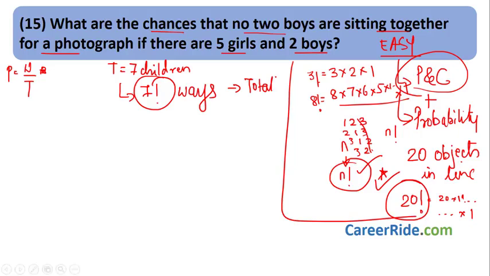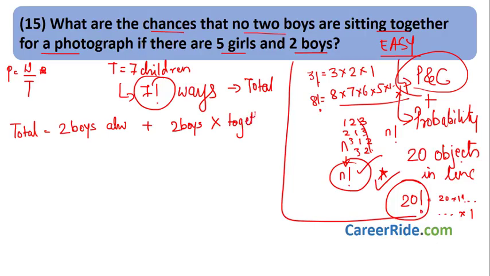Now, the condition is that no 2 boys should be sitting together. Total ways would be 2 boys always sitting together plus 2 boys never sitting together.